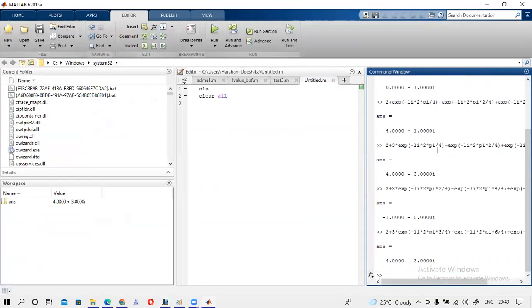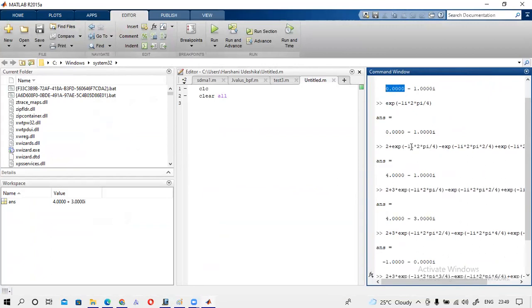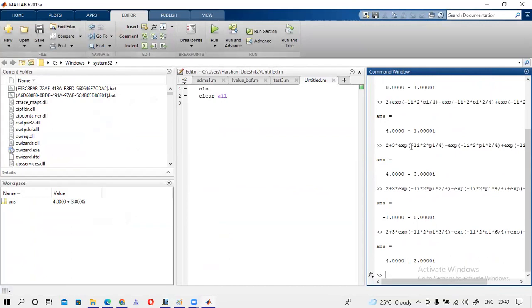You can see this one is a totally imaginary number, because the real part is 0, and in this one we have only the real part, and the imaginary part is 0. But still it can be expressed as a complex number.